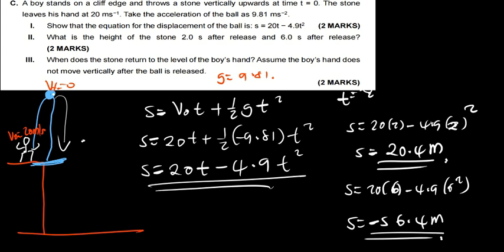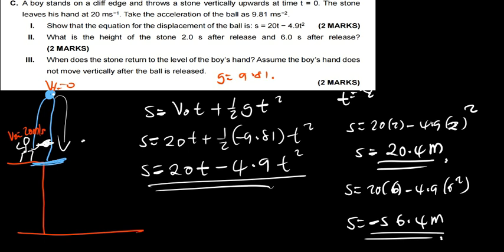Okay. Another question now, which is the last part, is saying, when does the stone return to the level of the boy's hand? Assume the boy's hand does not move vertically after the ball release. So now this boy, after releasing it, then it came back to his hand.